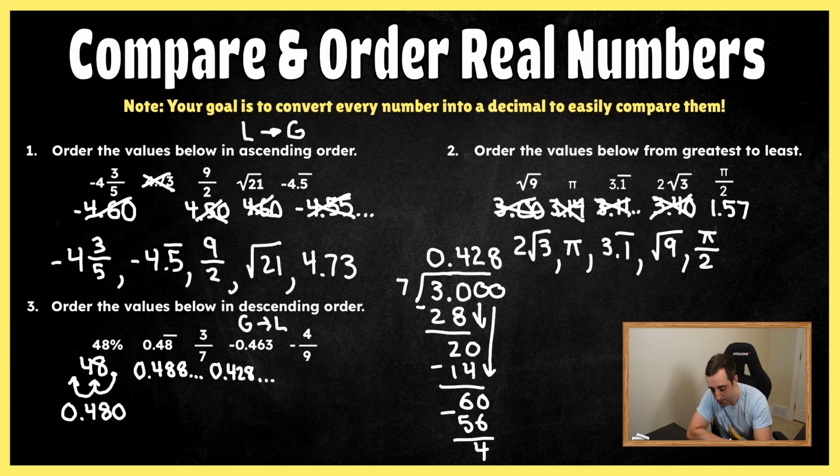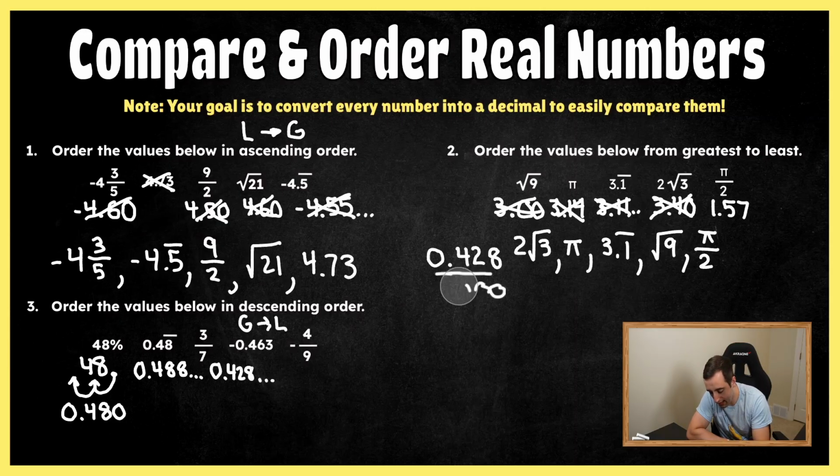And then finally, let's go ahead and take a look at our other fraction, which is -4/9. So again, we're going to be doing some division here. 4 divided by 9. 9 does not fit into 4 at all, so we put a 0. And then to continue, we add a decimal point and a 0. Move that up into our final answer. 9 fits into 40 4 times. 9 times 4 is 36.